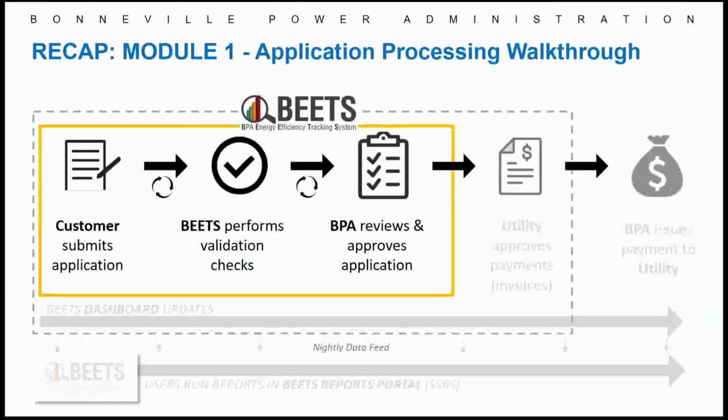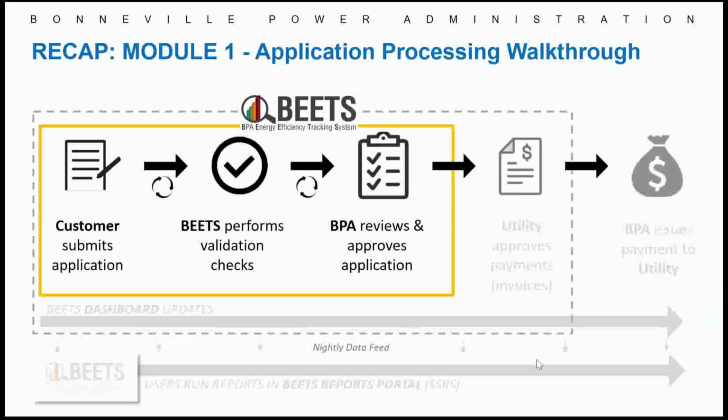The system is built with certain checks, business rules that come out of our IM, to look for certain things. So if the IM says you must report this type of information, we've been able to program the system to look for that and make sure it's there before that application is passed on to our team. So it will help you successfully complete all the requirements for the reporting process before it's handed to us.